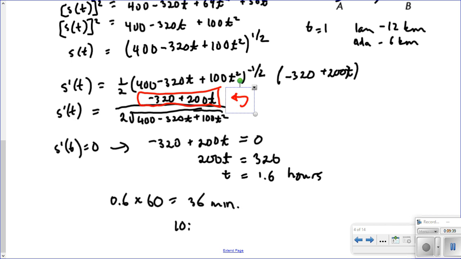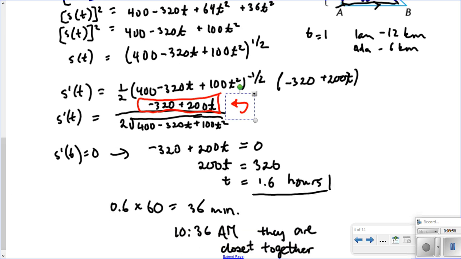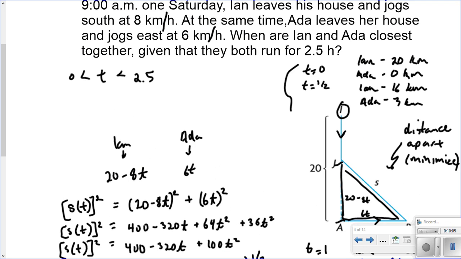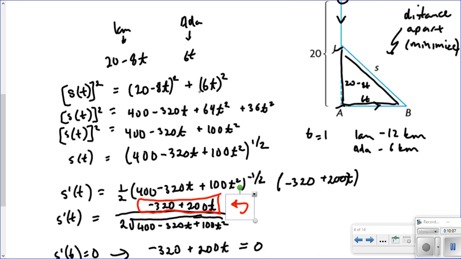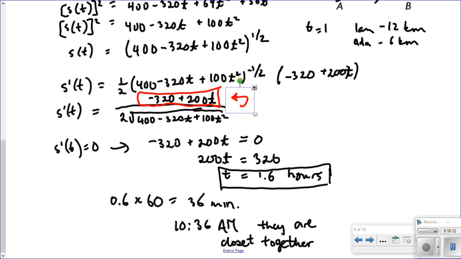So at 10:36 a.m., they are closest together. And I could actually figure out the distance if I have a value of t, 1.6. I could put that into my work that I did in the beginning, or into any one of my functions, and find out how much that distance is. That'd be the minimum distance.